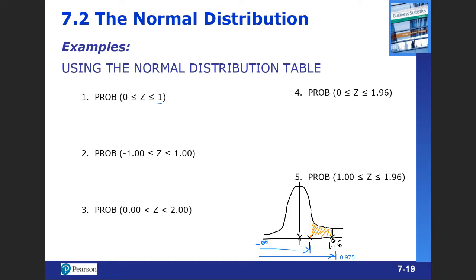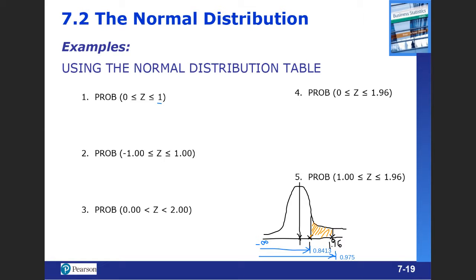What's negative infinity to 1? 0.8413. So I'm going to write that here, 0.8413. And then finally, since I'm interested in the area between the two, Tusha, you said the value is 0.1337, or 13.37%. Any questions for me?